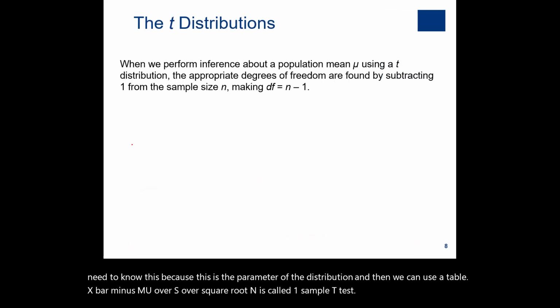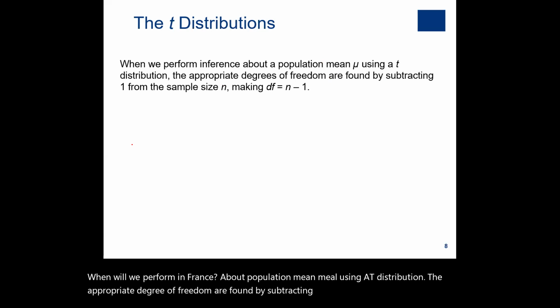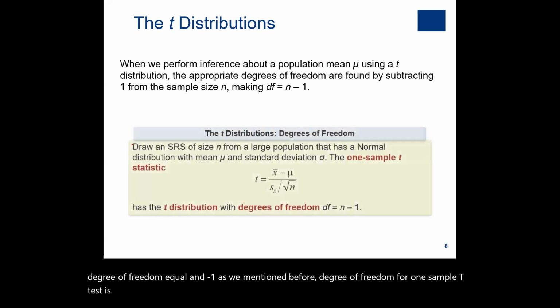When we perform inference about the population mean mu using a t distribution, the appropriate degree of freedom is found by subtracting 1 from the sample size, making degrees of freedom equal n minus 1.